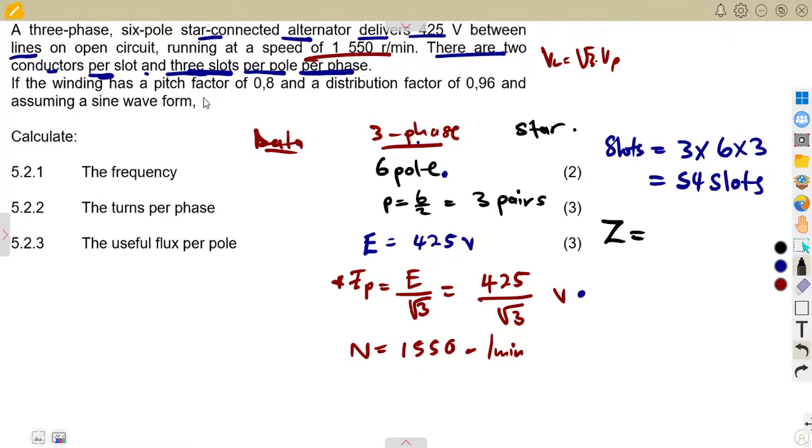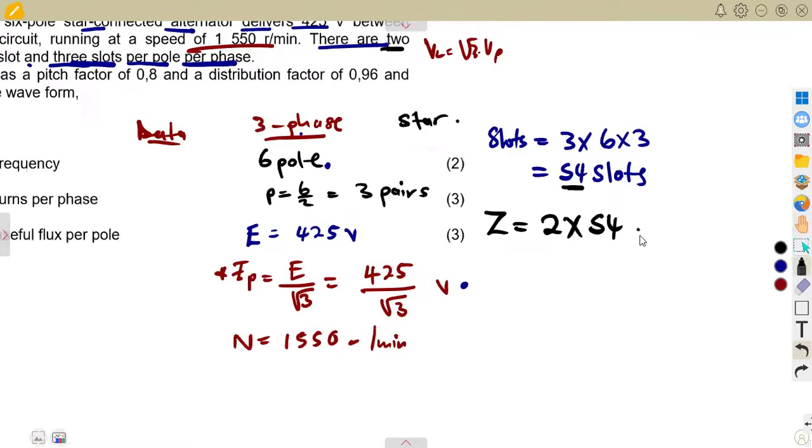They are saying there are 2 conductors per slot. So it's 2 times the number of slots, 54. Just like that, you're done. So this will give us 108 conductors.